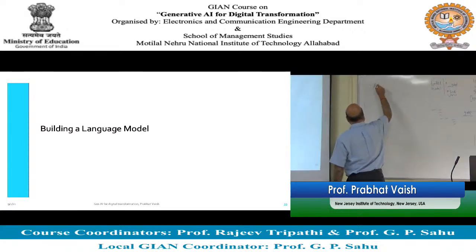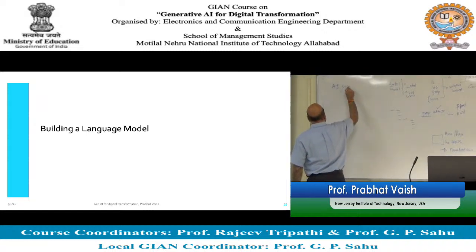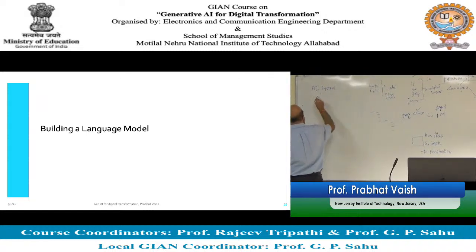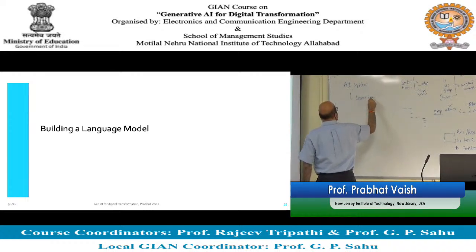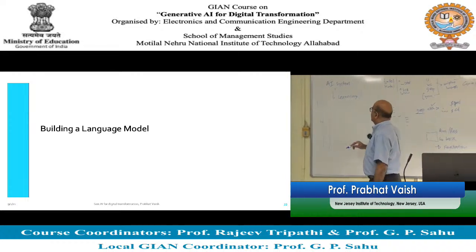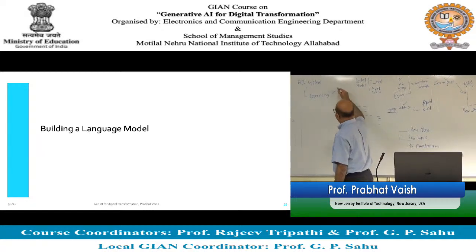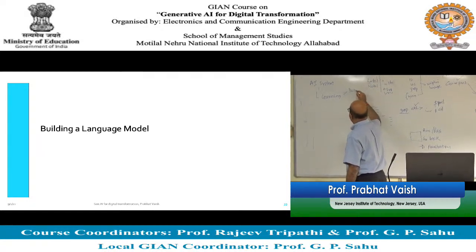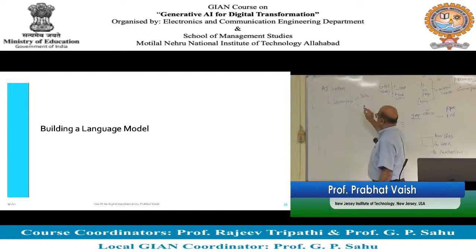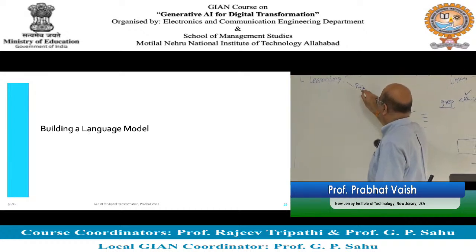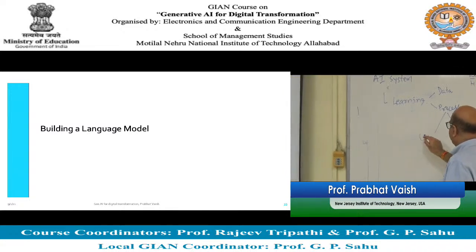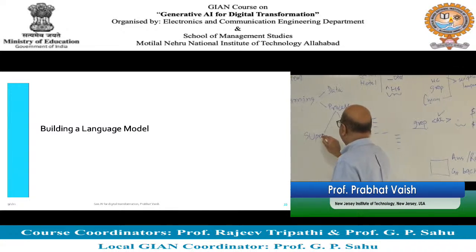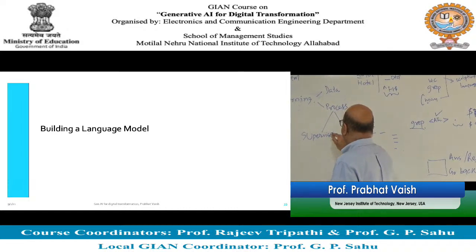The very first thing that we need is to make sure that there's going to be a learning somehow. So that learning requires two things: data and a process by which the learning needs to happen. That could be supervised or unsupervised.